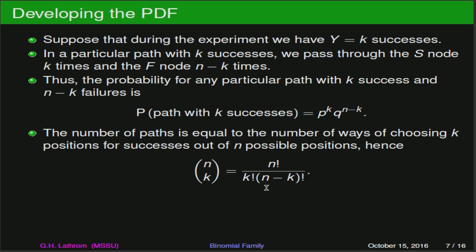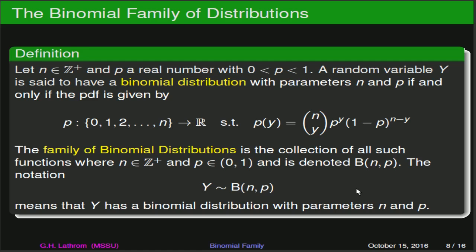And so the probability that y is a particular value of k is going to be the binomial coefficient n choose k times p to the k q to the n minus k. Now, what that does is really let us not only define a single probability distribution, but we get a family of distributions.